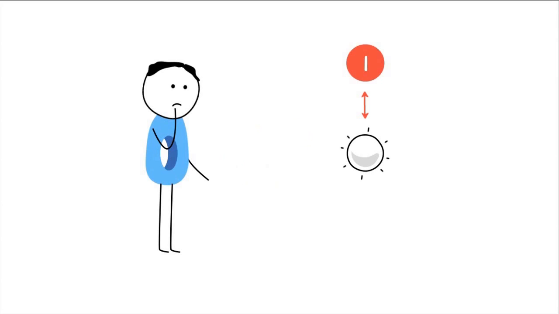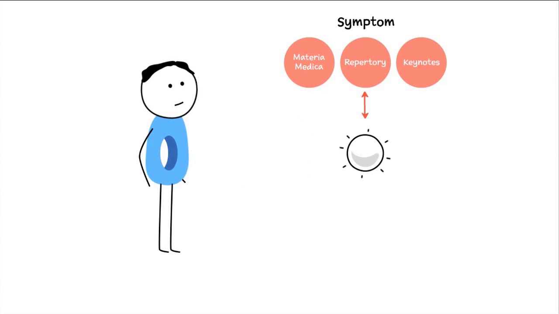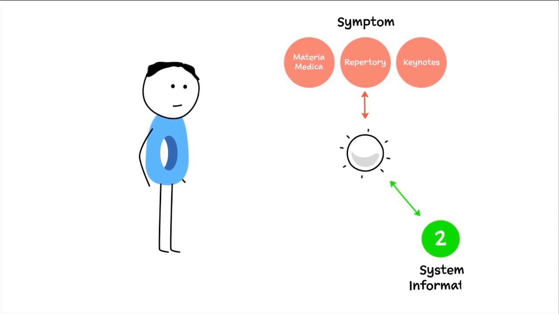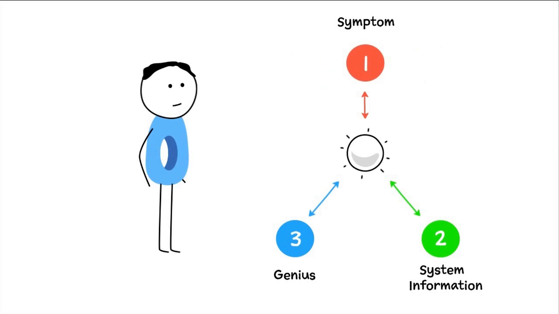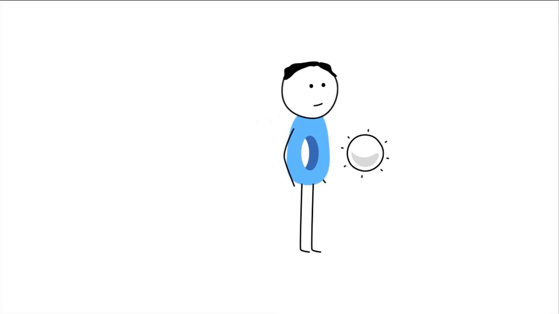The most accurate way to narrow down options is through precise evaluation of symptoms, choosing the proper repertory, while checking to see if the remedy that emerges from the repertory filter has the main elements of the system approach and matches the genius of the case. This is an integrated approach that enables homeopaths to come up with prescriptions that are more rounded, complete, and sure. The approach is reproducible and flexible. It gives homeopaths more possible ways of coming to the remedy, and so greatly increases the likelihood of a good prescription.